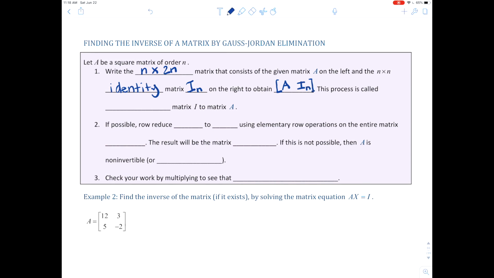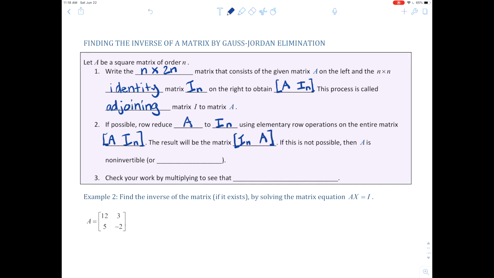This process is called adjoining, and we've talked about adjoining before. So we're adjoining matrix I to matrix A. If possible, row reduce A to I_n using elementary row operations on the entire matrix. Okay, so you got to really keep track of what you're doing. The result will be the matrix, if it's possible, if the matrix is invertible, [I_n | A inverse].